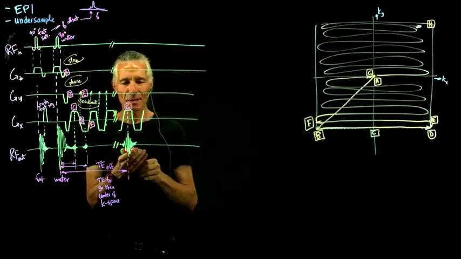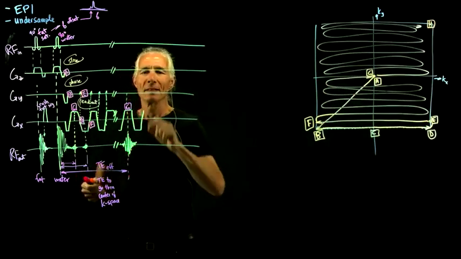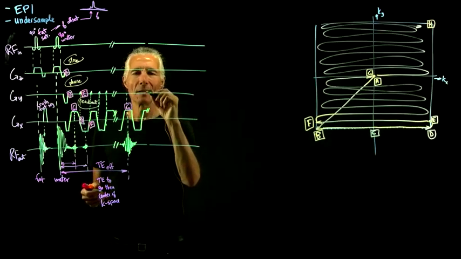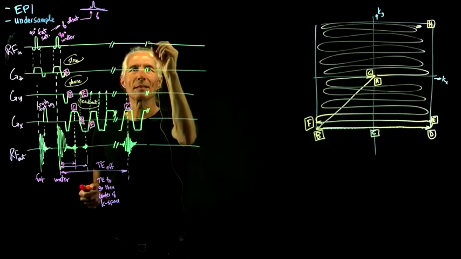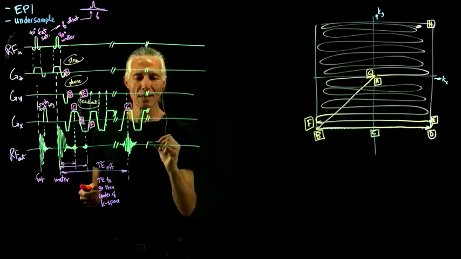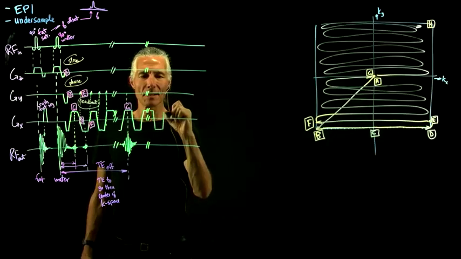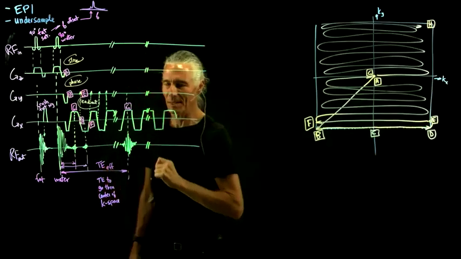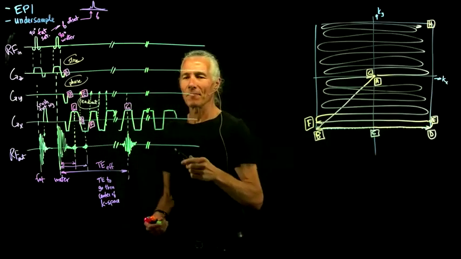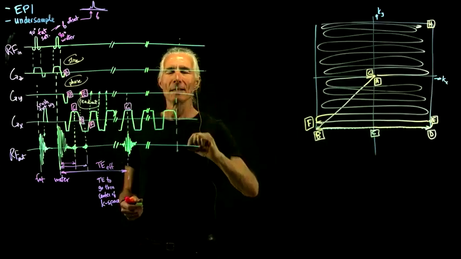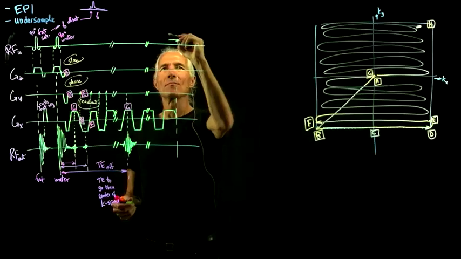So there'll be another gap where we record the whole rest of k-space. And then finally, here's the last of it for one slice.